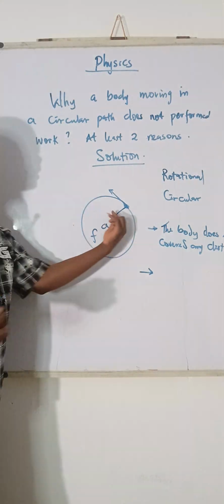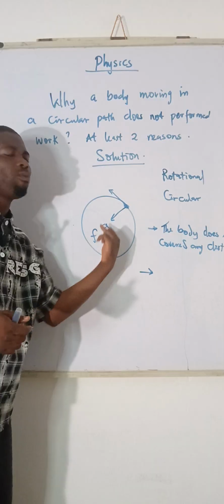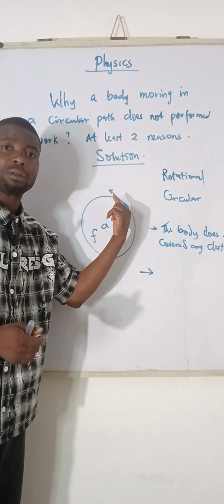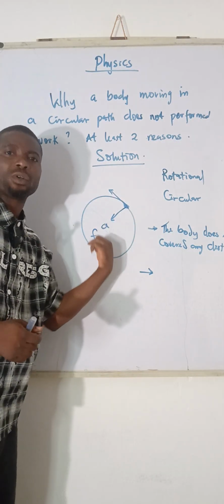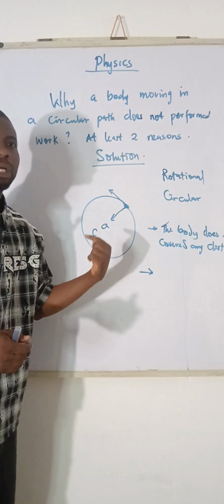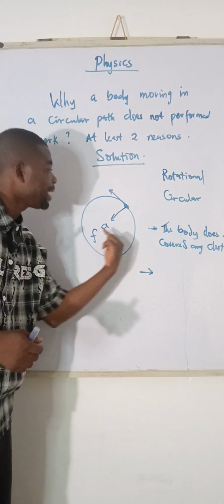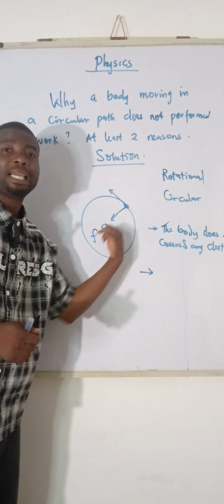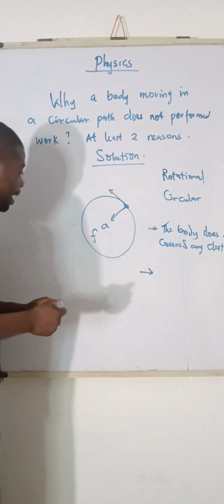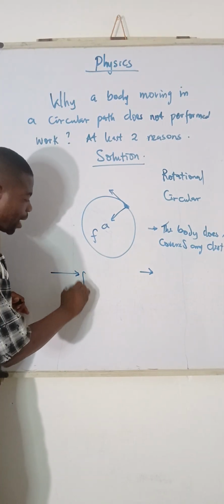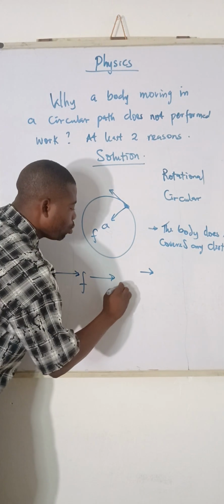Don't say that the direction of the force and the direction of the motion of the body are perpendicular. No, that's not it. The direction must be the same. That means if the force is going this way, the distance should go this way.